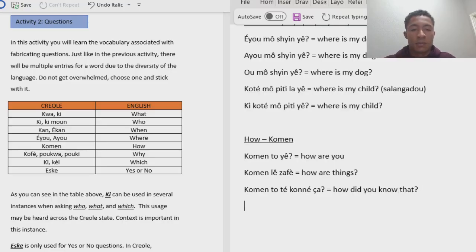Now for why, you do have many different Y's. And usually people stick to the Y that they like to use. You have kofar, pourquoi, pouki. And you can actually spell kofar 2 different ways.